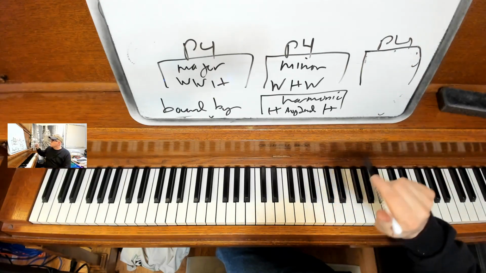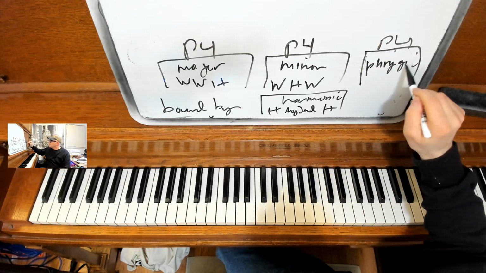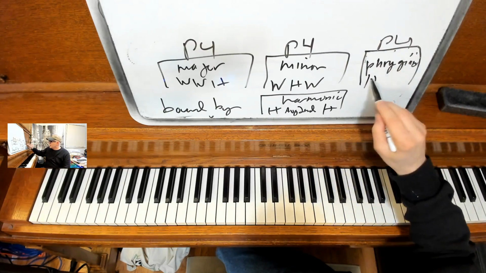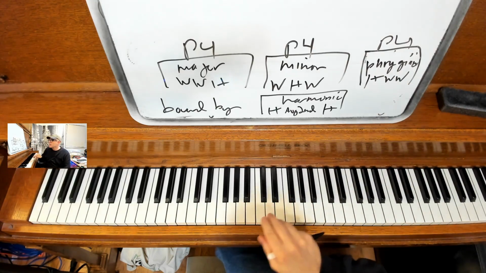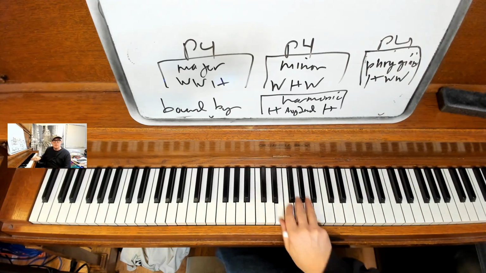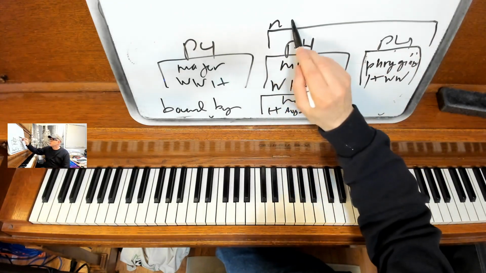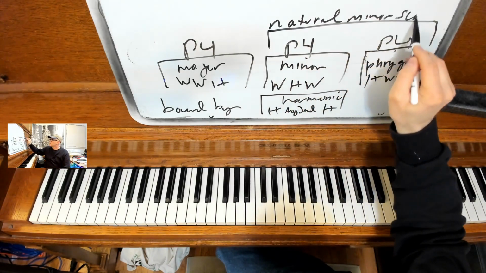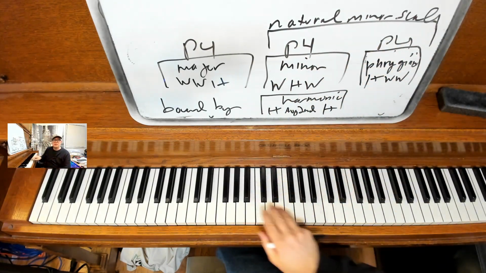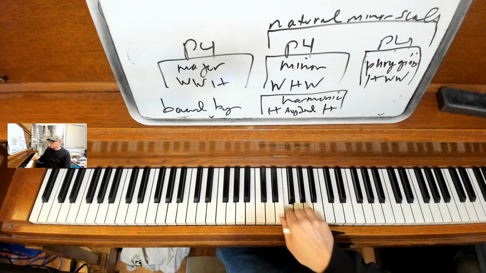The 4 tetrachords, the Phrygian, P-H-R-Y-G-I-A-N, the Phrygian tetrachord is half, whole, whole. The natural minor scale can be thought of as a minor tetrachord and a Phrygian tetrachord all together.